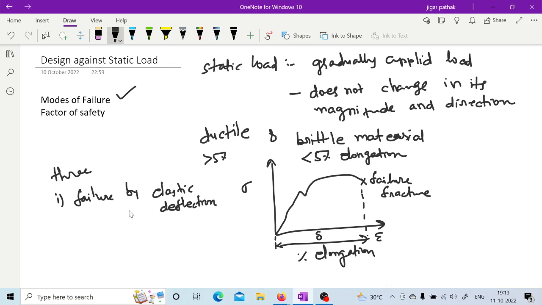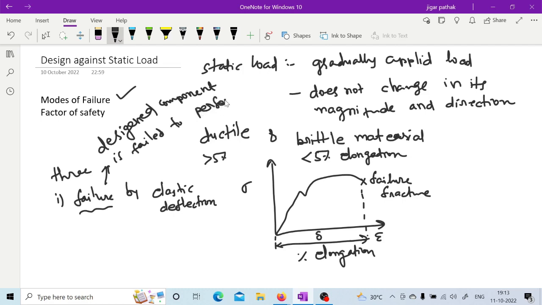See, failure means whenever your designed component fails to perform the intended task.